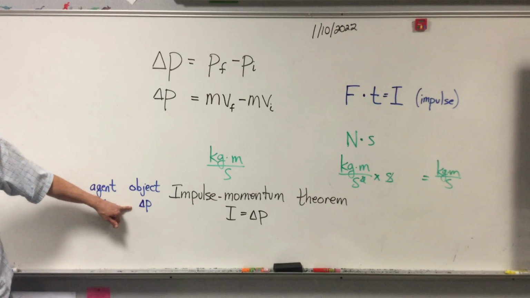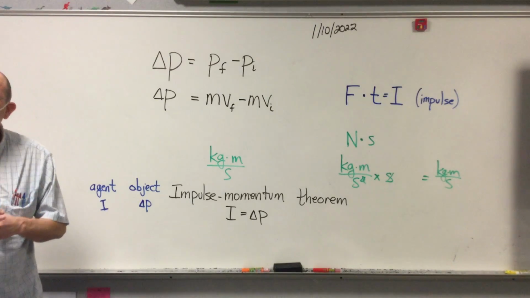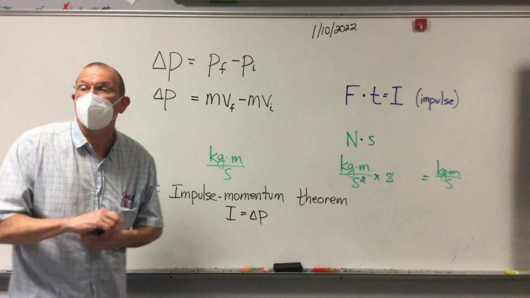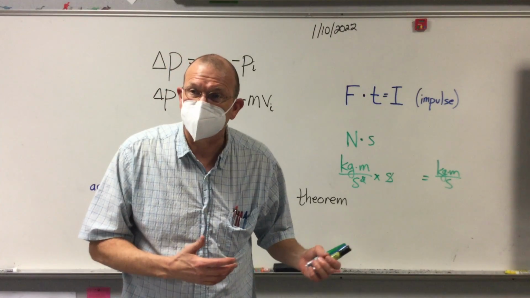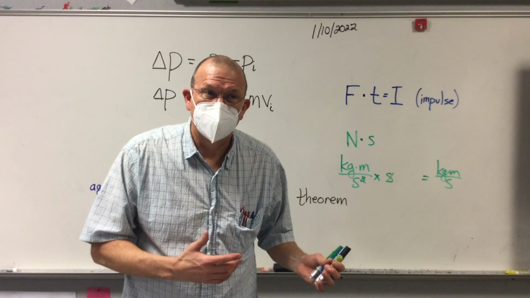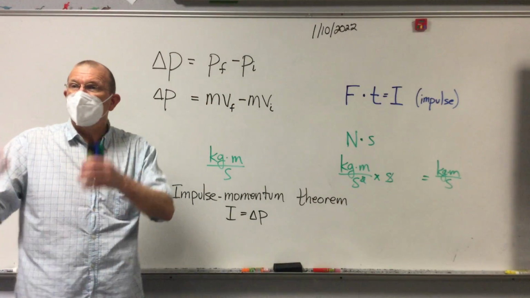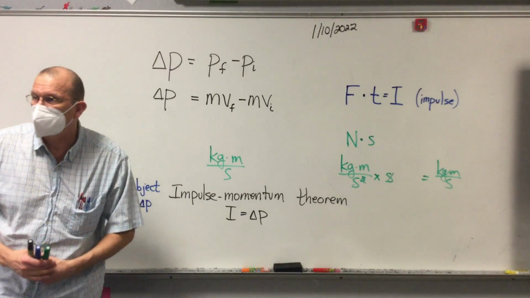But how will that change in momentum be different from the change in momentum for the person in the car when the person hits the gas? Sign-wise. It'll be negative because the person will be losing speed because they're going to slow down to rest.